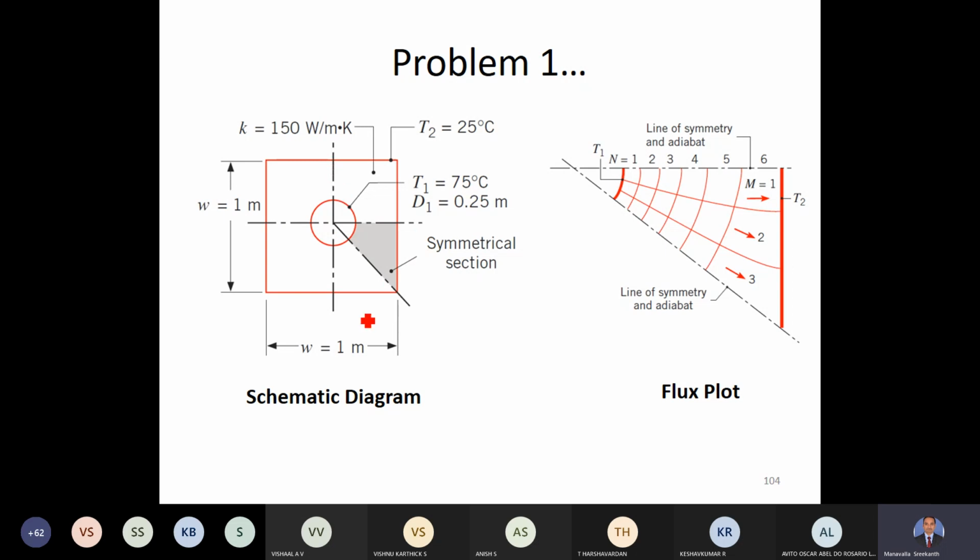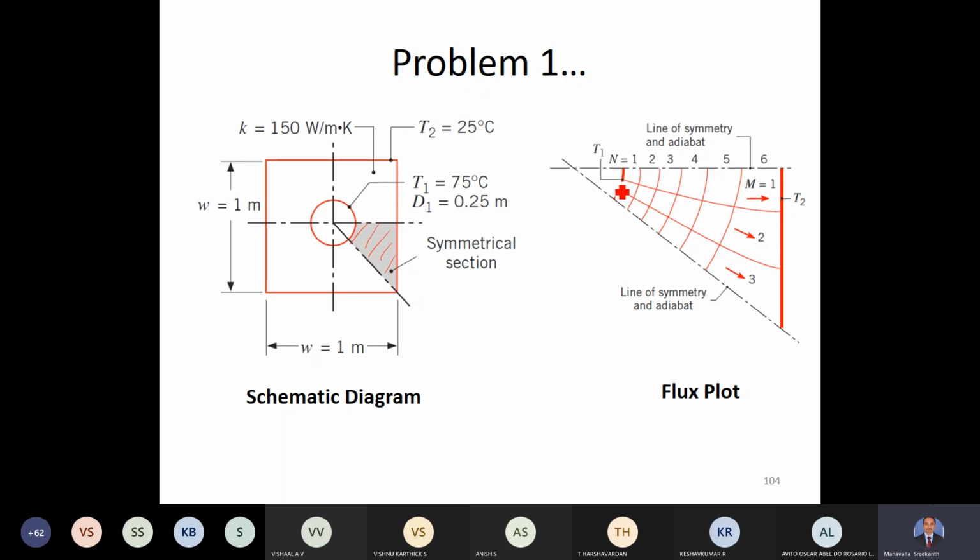One line, second line, and also there are diagonal lines of symmetry. After all that, you get one common region, which is symmetric to other regions. So we evaluate this region. In this region, this surface is at T1, this surface is at T2. So this is used to construct the flux plot.